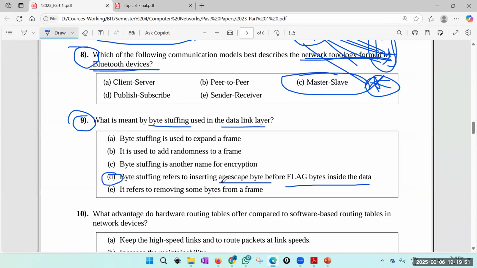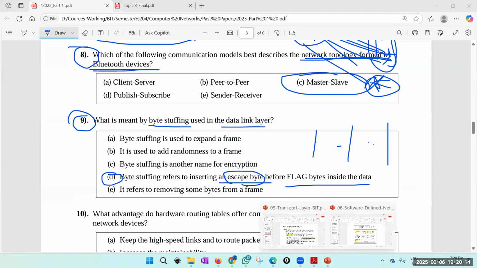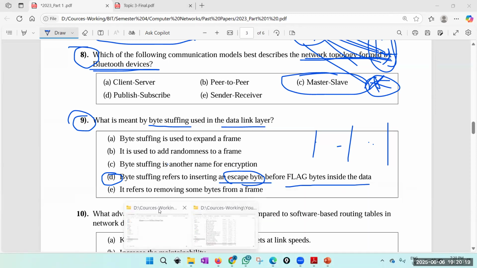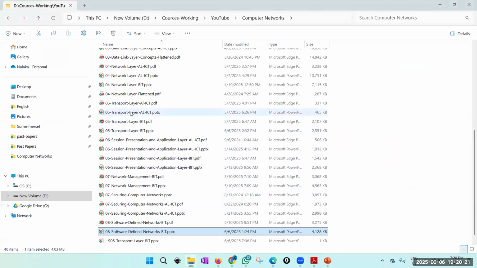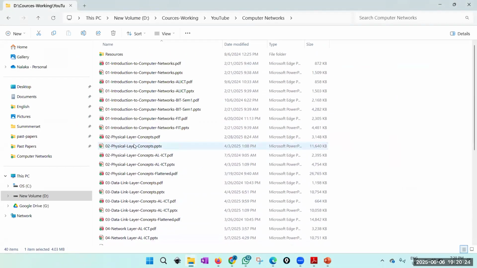Okay. Maybe just to isolate or separate the flags, like inserting an escape byte before flag bytes. Maybe just to mark that you are now going into the flags, right? Maybe something like that. Okay. Anyway, nothing like that we discussed, right? Data link layer. Let me again double check with our notes. Data link layer concepts.